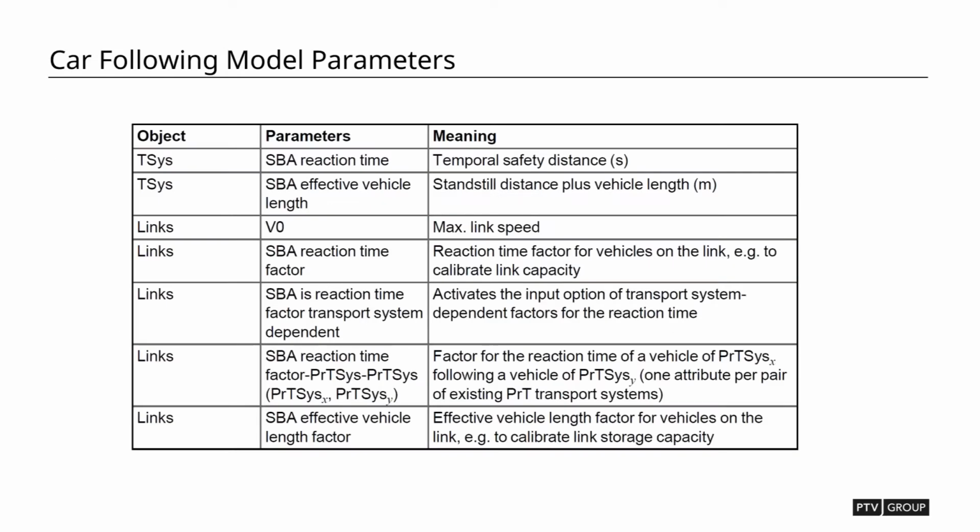Here are some of those parameters that we need to set up: that reaction time, effective vehicle length. No need to dive too much into this already, but just to give you an idea of some of those parameters. With all these model parameters, there are default values, which tend to be a pretty good starting place, and then you can always go through and calibrate as necessary.